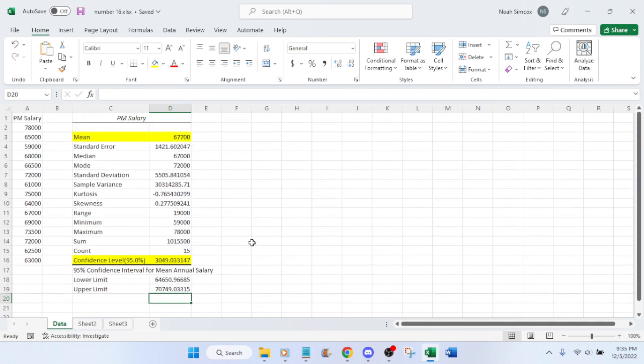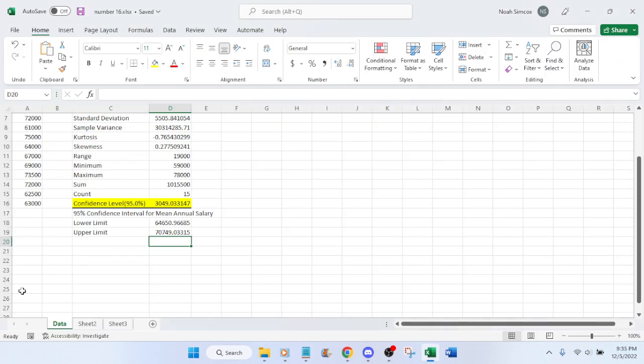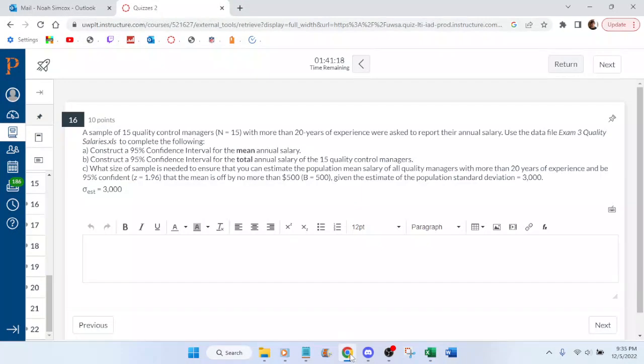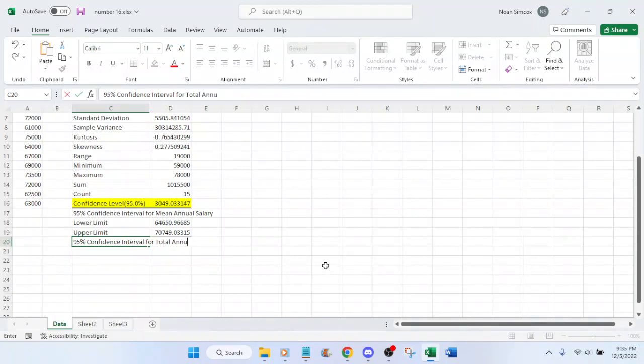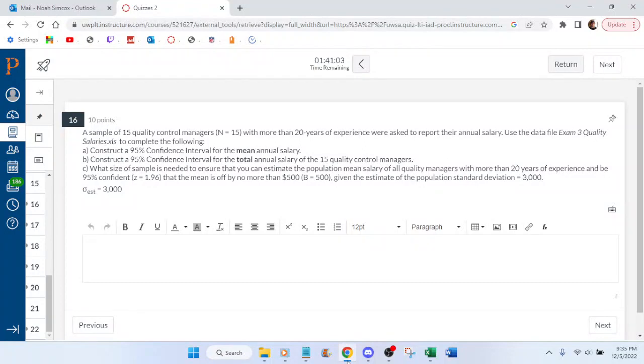And then total annual salary. All you have to do is multiply it by 15.